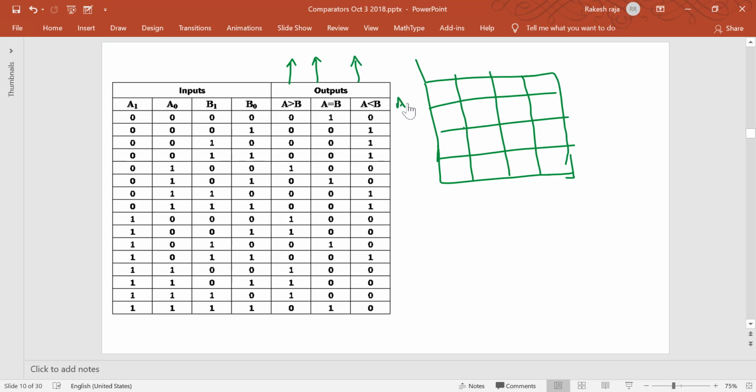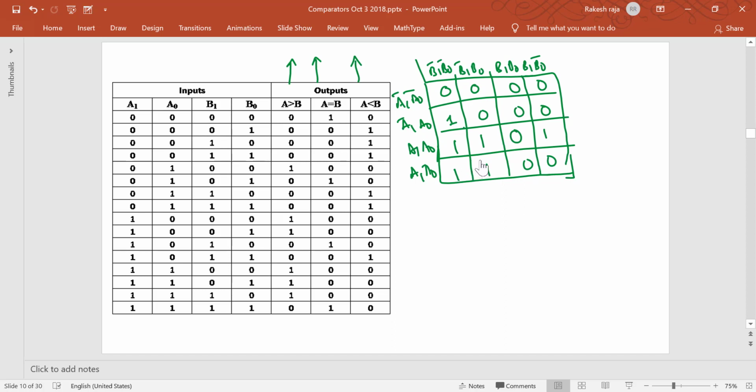I'm going to make my A1 bar A0 bar, then A1 bar A0, then A1 A0, then A1 A0 bar, and then similarly the rows for B. Fill in the values: first four zeros, then 1 0 0 0, and so on. Now you fill all the numbers. Now I am going to show you how to get the minimized expression.